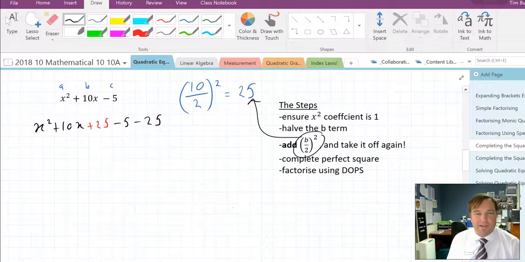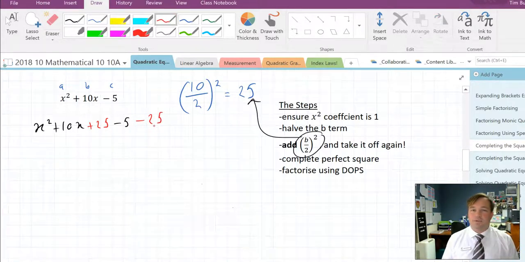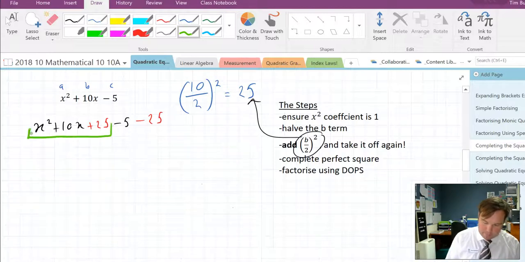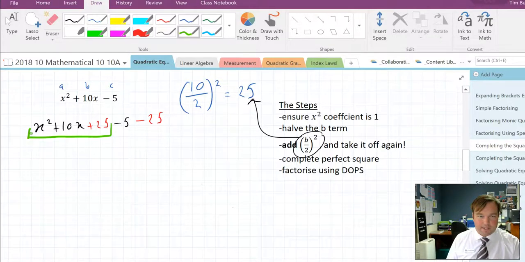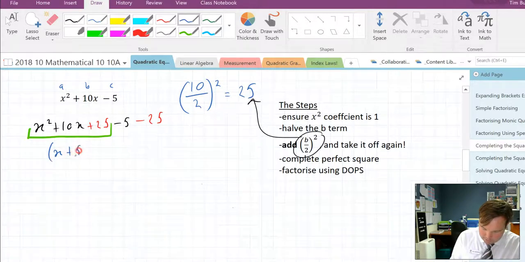And we're always going to add it on. This sounds like a really odd thing to do, but we haven't changed it at all. We've just added a number on and taken the same number off the end. Providing we've done this well, this here works out to be a perfect square, which means it will factorise into x plus 5 all squared.